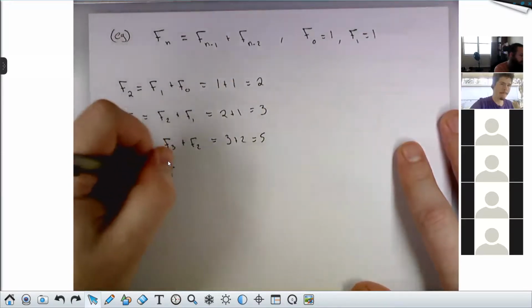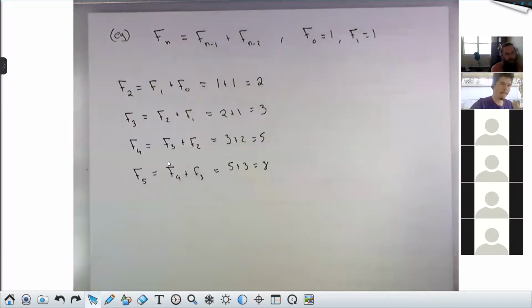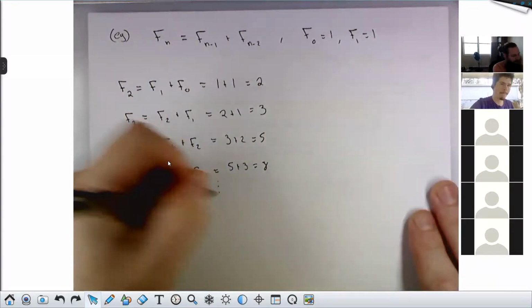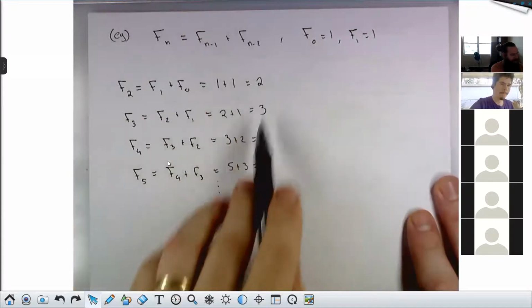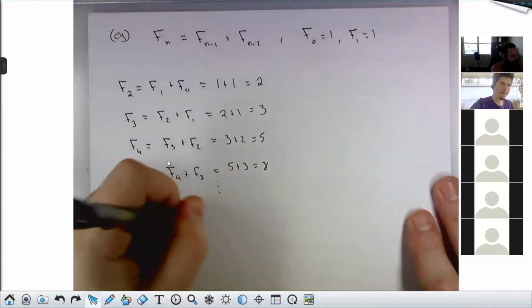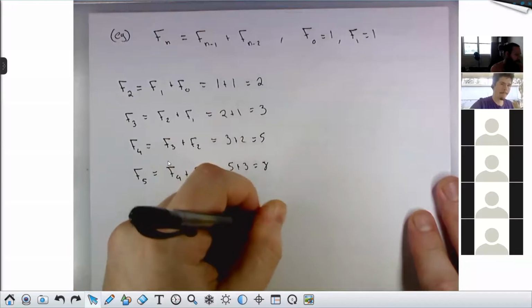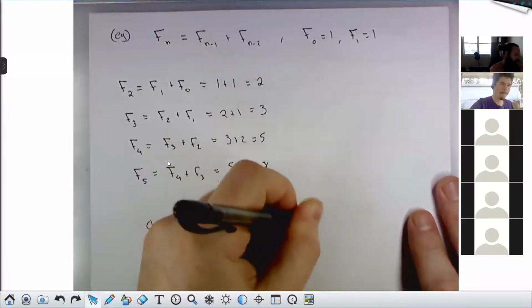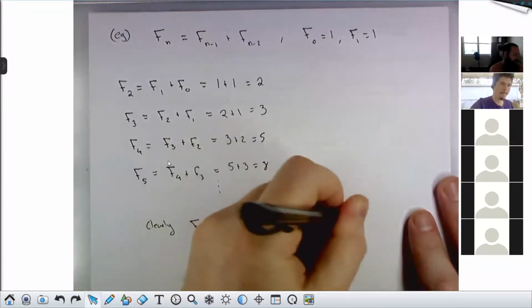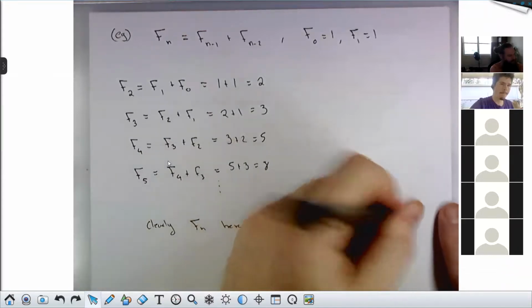The fifth would be the fourth plus the third, which is 5 plus 3, which is 8. The next one is 13, and it keeps going like this. Here, these guys, clearly, F_n grows bigger and bigger. So it's not likely convergent.